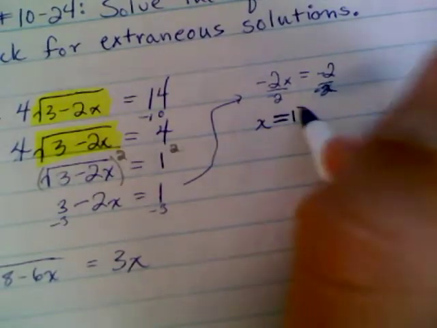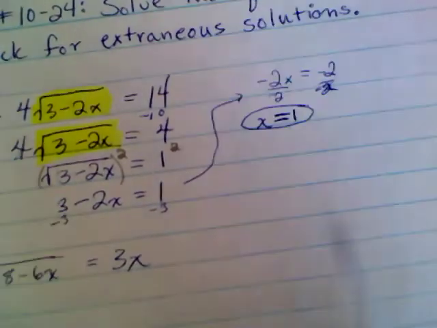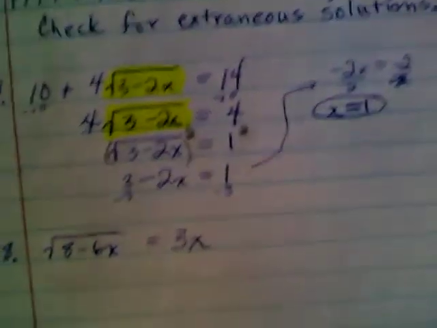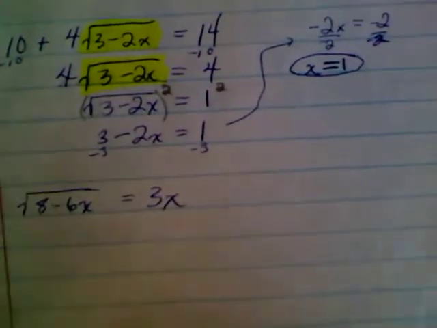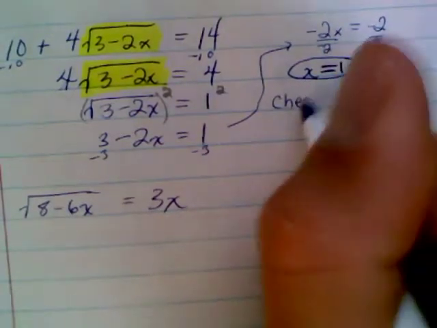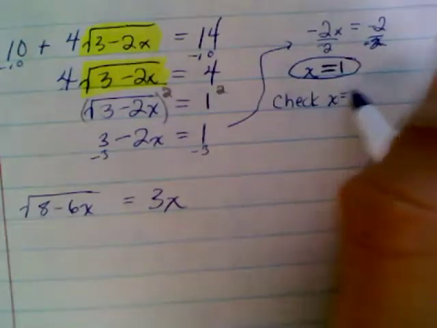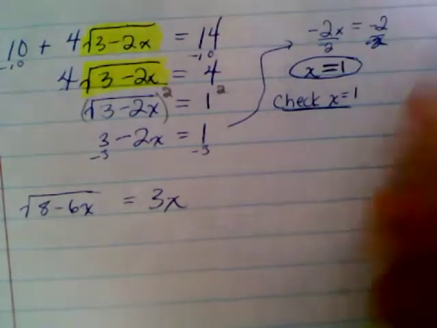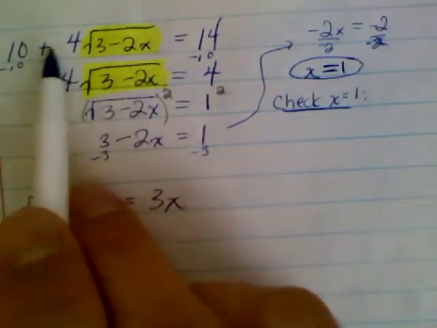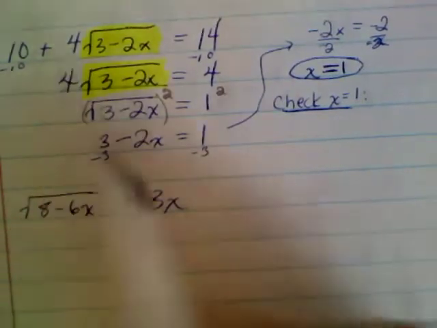Now, I'm pretty sure that that's a solution. However, what I want to do is check to make sure that it isn't an extraneous solution. So I'm going to check x equals 1. And when I check it, all I'm doing is substituting in 1 for x and making sure that I get 14 on the left side.